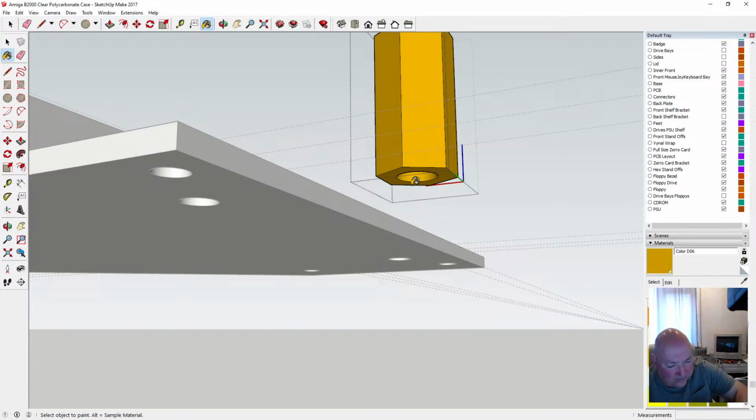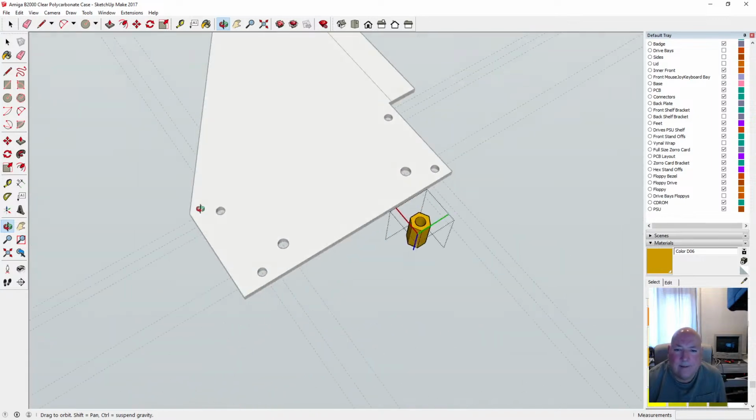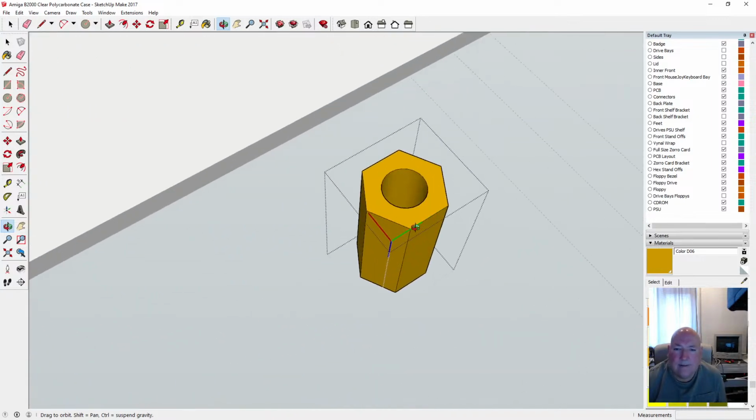4.5mm plus 1.6 is 6.1. 6.1, so we need to... let's just turn it round. Add this to it.